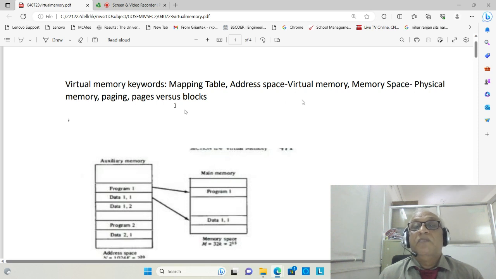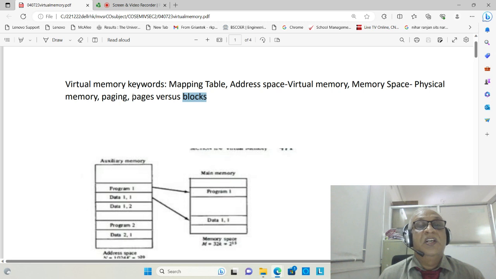The virtual memory space in some literature is referred to as address space, while the physical memory is referred to as memory space. We know that pages are the logical pages, while the blocks are physical memory blocks. For simplicity, the page size and the block size are similar.